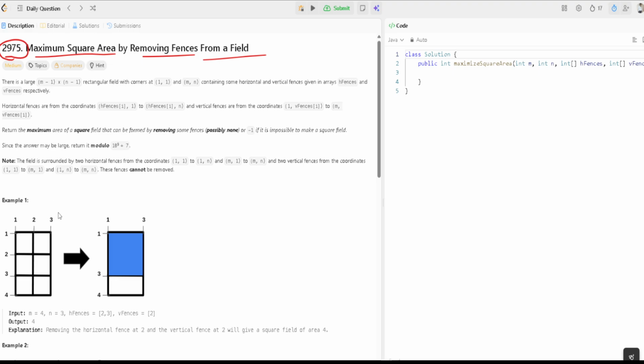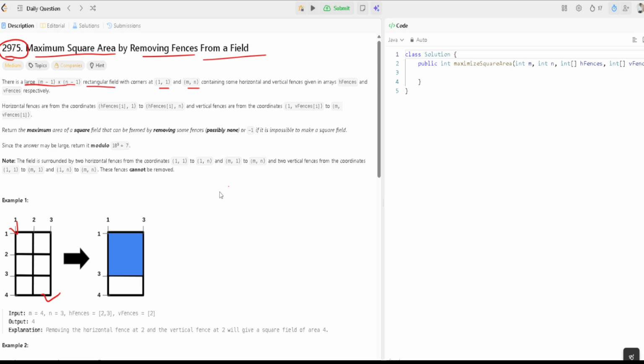We are given a large rectangle field with corner 1 1, and there are two corners given. Let's suppose the very first corner is 1 1, and this is m and n.